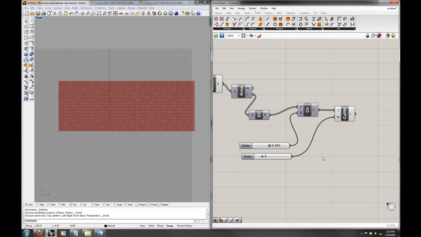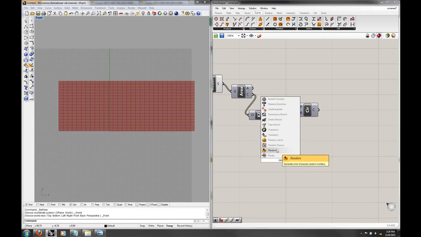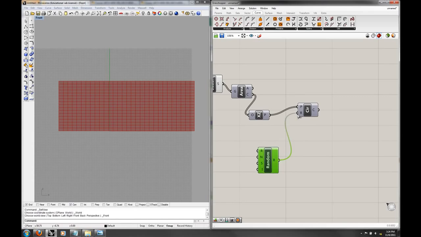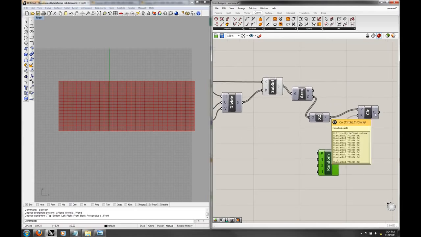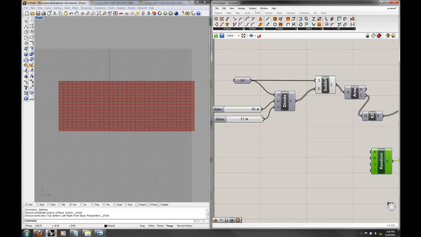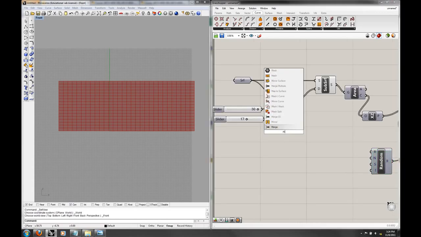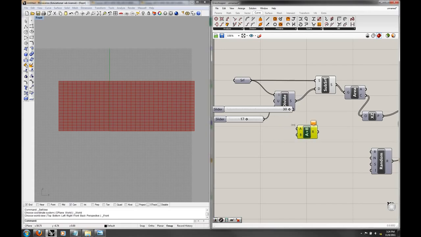You could experiment by taking those circles and applying a random radius to them. So now we have to know how many there are. We have like 510. One easy way to do that is just take these two sliders and multiply them together.